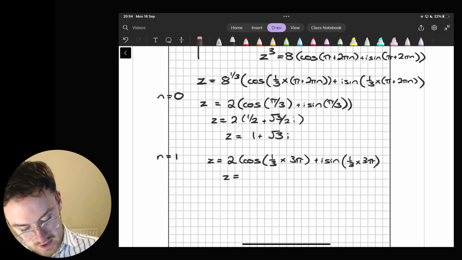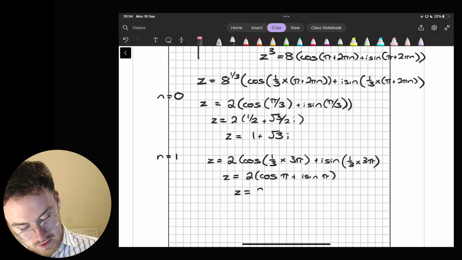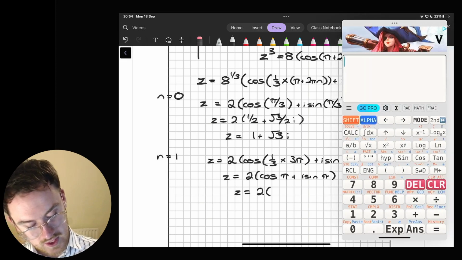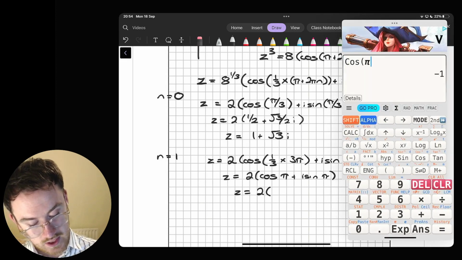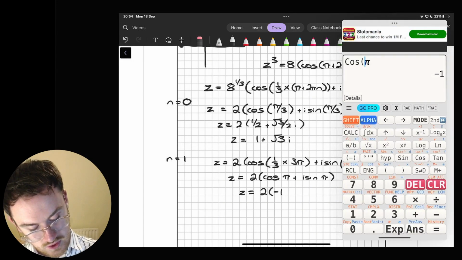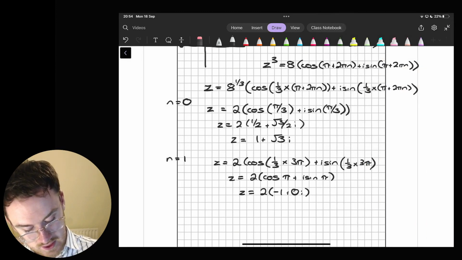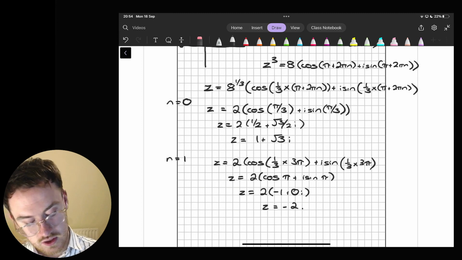We can then work that out: 2 cos pi plus i sine pi. Cos of pi is minus 1, and sine of pi, we should know as well, is just going to be 0. So 0i, and we just get a value of minus 2.